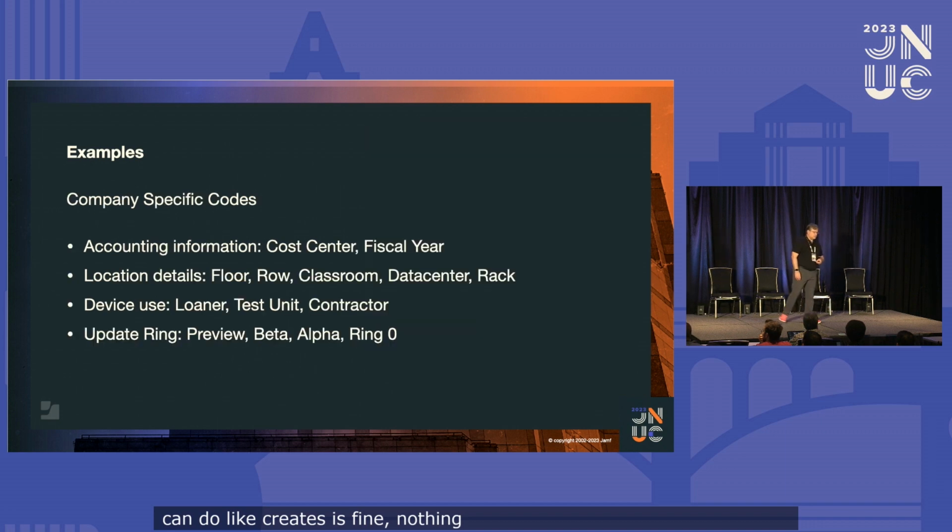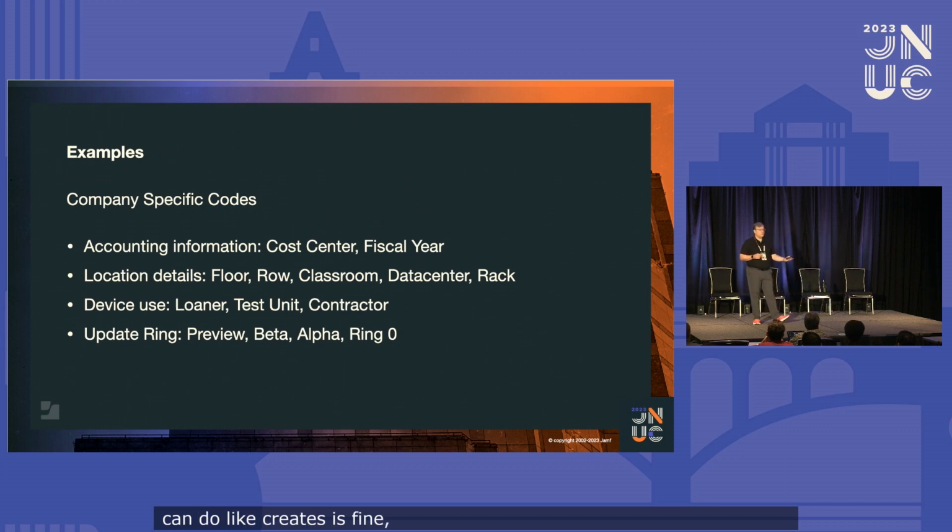All right, some more examples. Here are things you can put in. You can do something like your accounting information, cost center, fiscal year, the really odd stuff that you get in your queries where you think, man, it'd be great if I just had this as something to define later on. Location data that's really specific, something like the floor, the row, the classroom, the data center, the rack, something very descriptive, something where you can check against it and really know what's going on with that Mac.